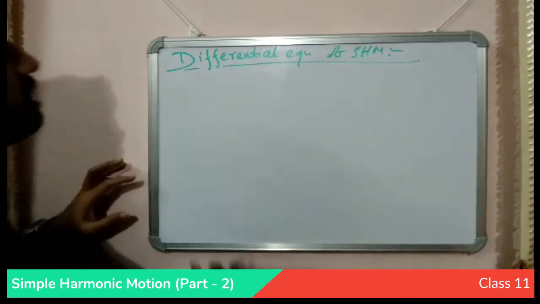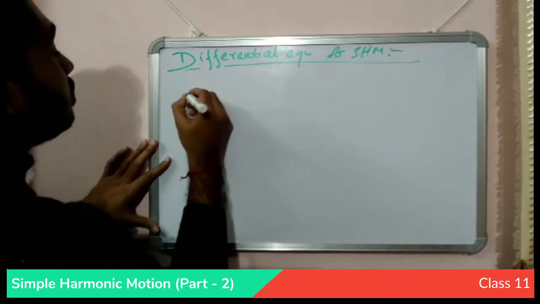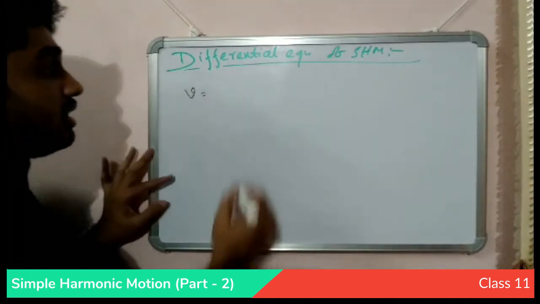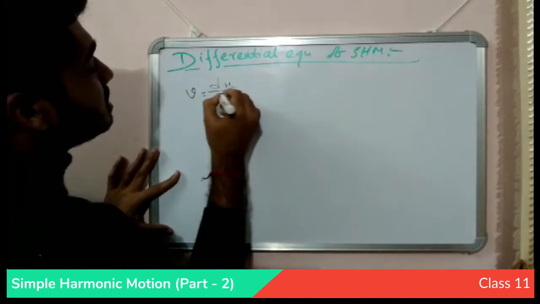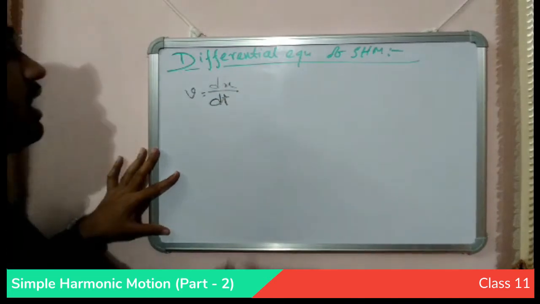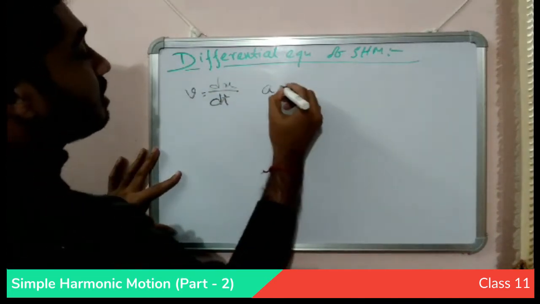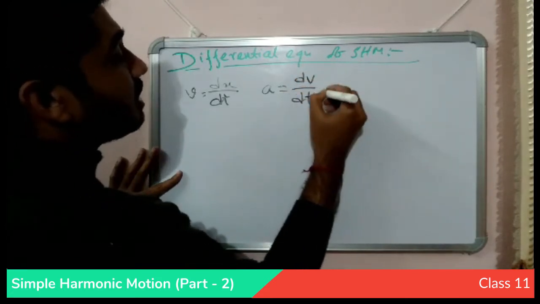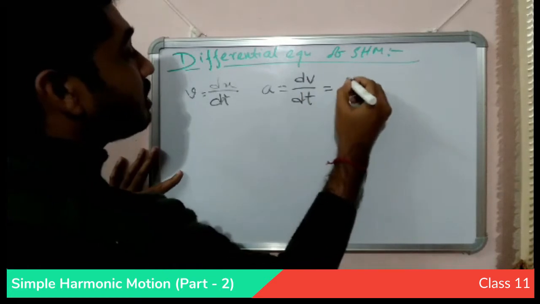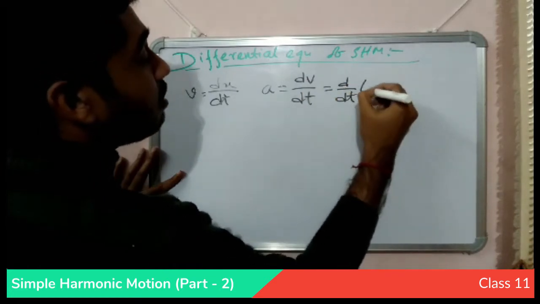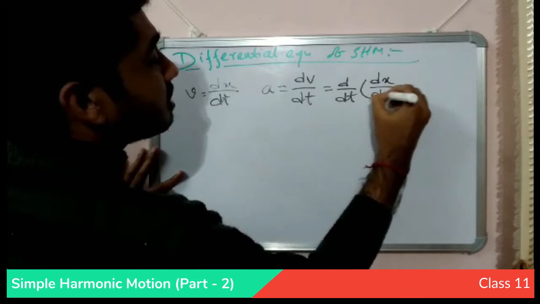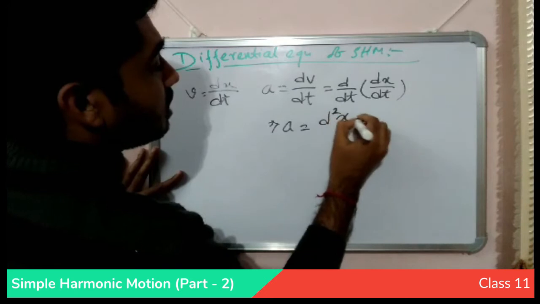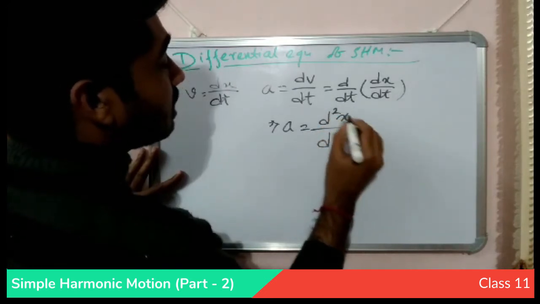In this differential equation, we know that the velocity is the rate of change of displacement, that is dx/dt, and the acceleration a is the rate of change of velocity, that is dv/dt. So replacing v here, it is written as d/dt of dx/dt. So a is d2x/dt square.